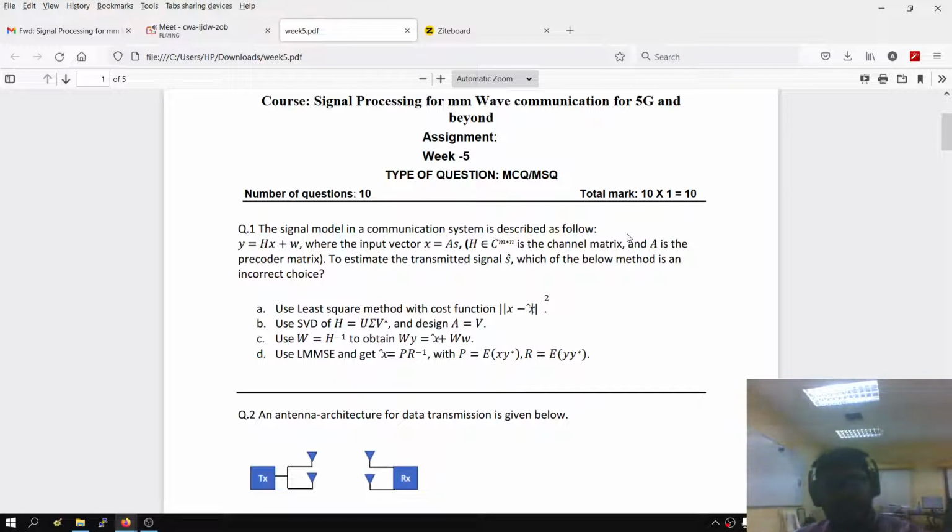The first method is the least square error, x minus x cap mod square. Another is an SVD based algorithm. The third is W is equal to H inverse, which is a sort of zero forcing equalizer, and the fourth option is the LMMSE estimator. So let us discuss all the things one by one.